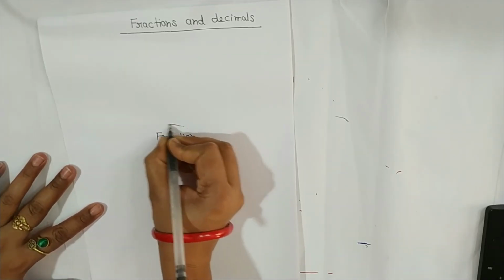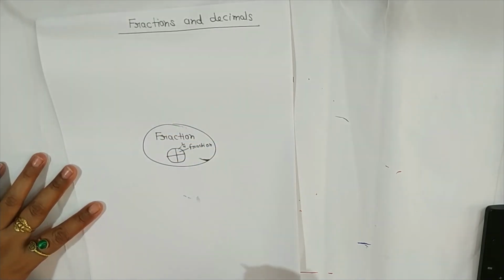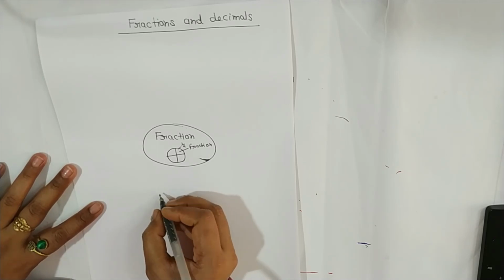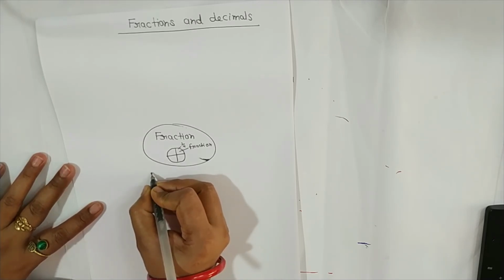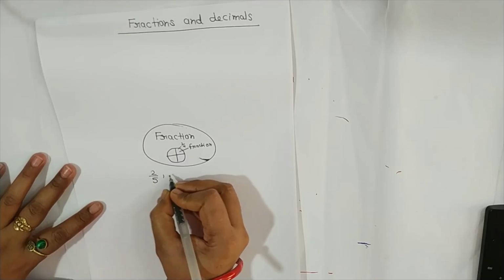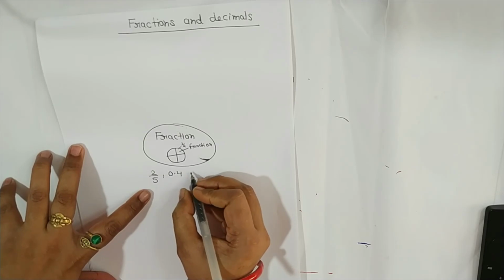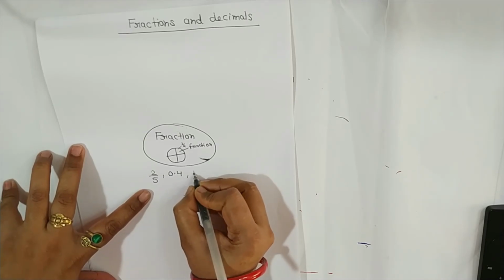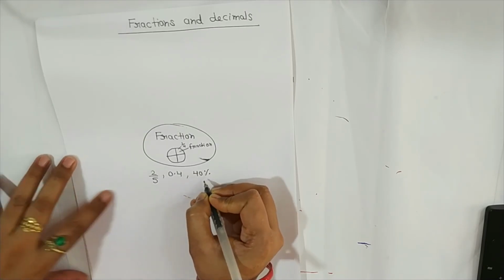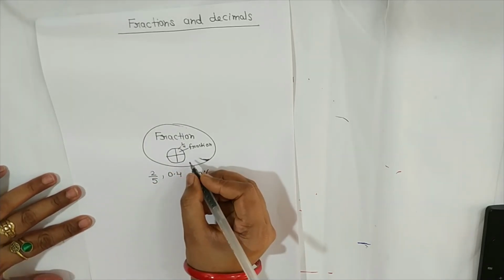For example, 2/5 of an object can be written as a fraction, 2/5, as a decimal, just divide it, so 0.4, and in percentage it can be written as 40%. Okay, so there are 3 ways to write a fraction.